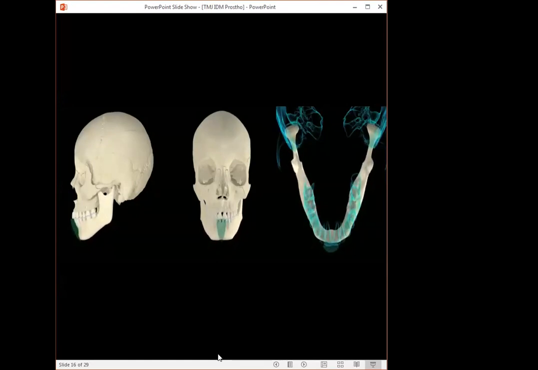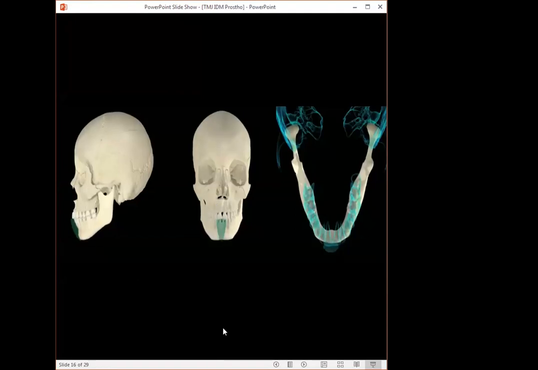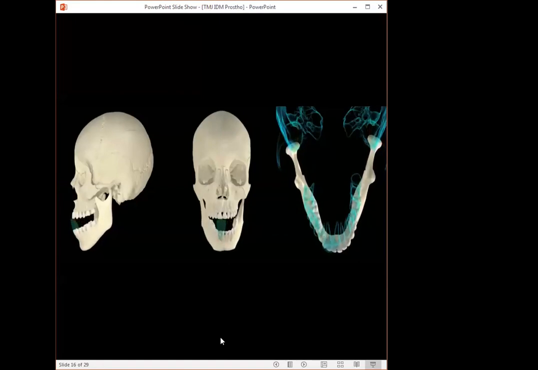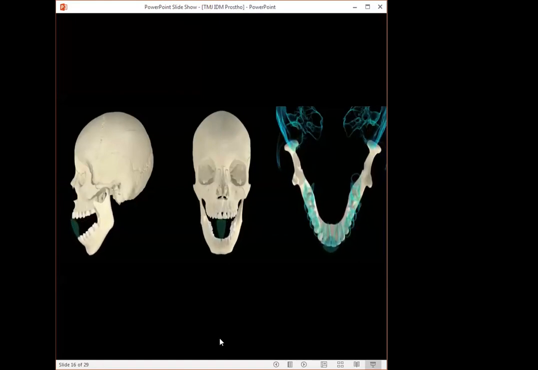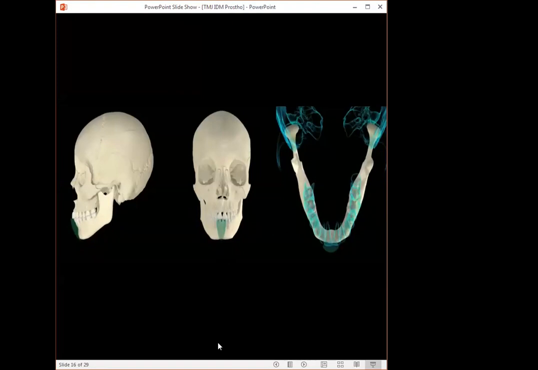The teeth come into contact. Whenever mandibular movement starts, the mandible moves to one side, opens to maximum mouth opening, then moves to the other side, and finally comes to intercuspation.